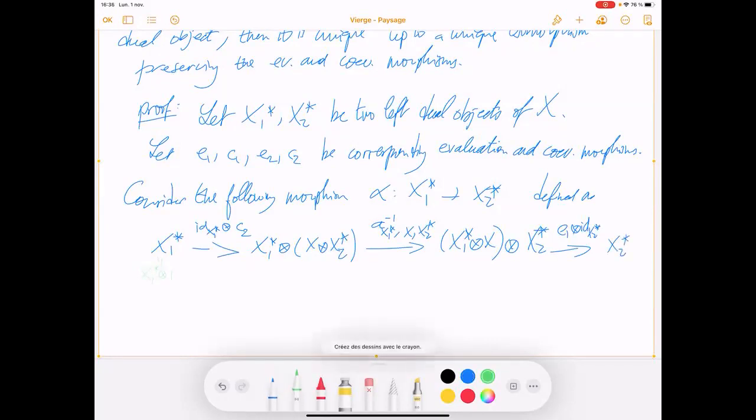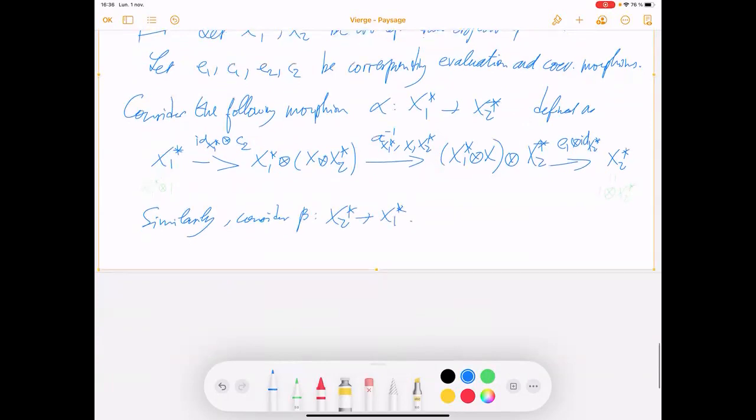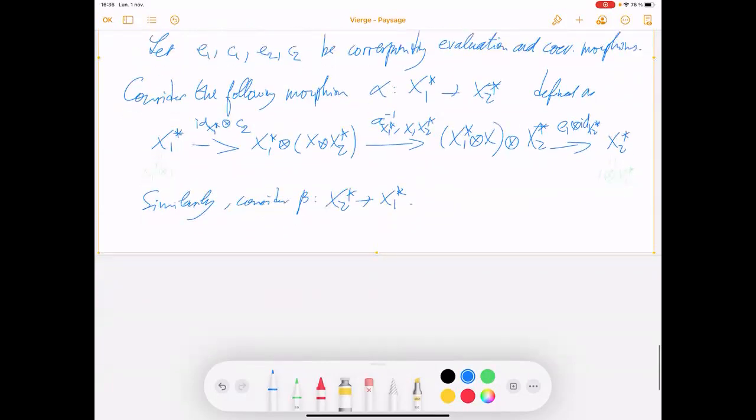Again, this is like that. Similarly, you use C1 and E2, and you get beta. Similarly, consider beta from X2 star to X1 star by using C1 and E2 instead of C2 and E1.